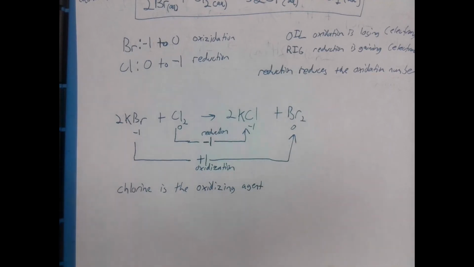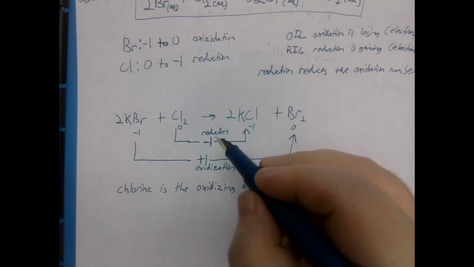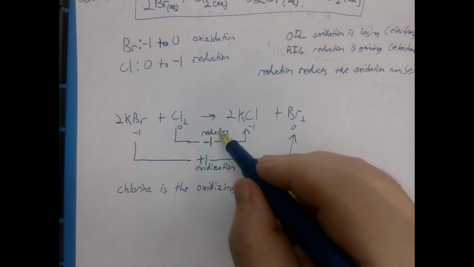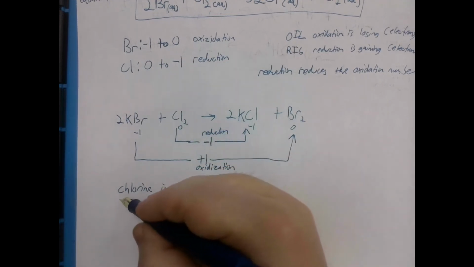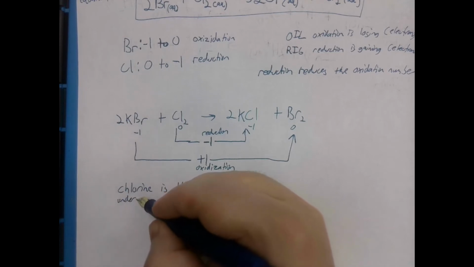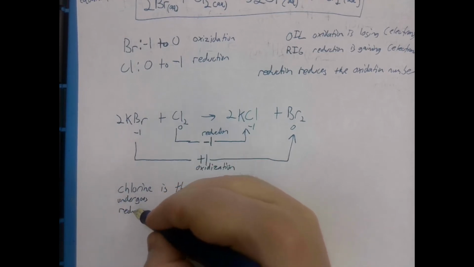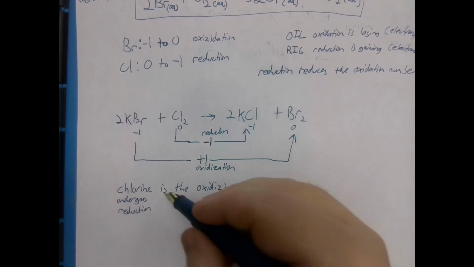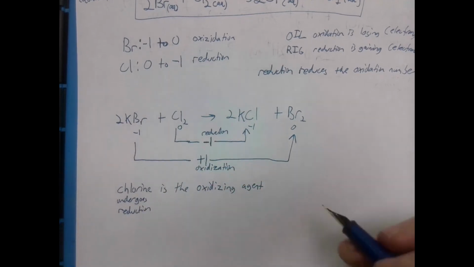It oxidizes the bromine. So chlorine undergoes reduction and is the oxidizing agent.